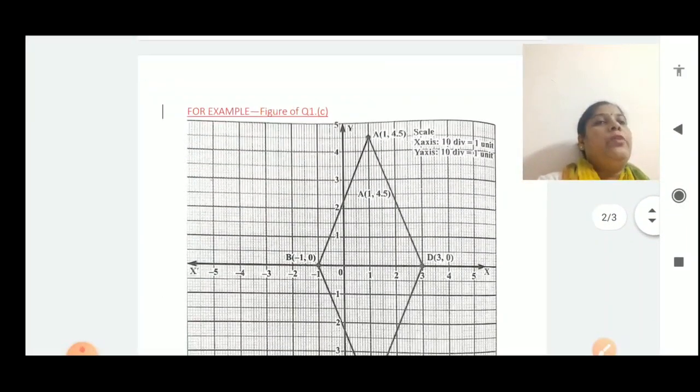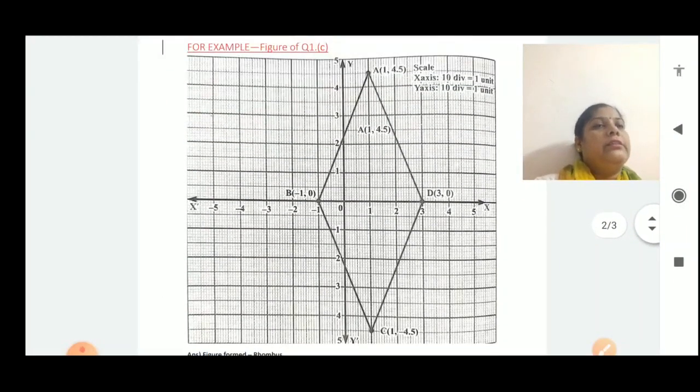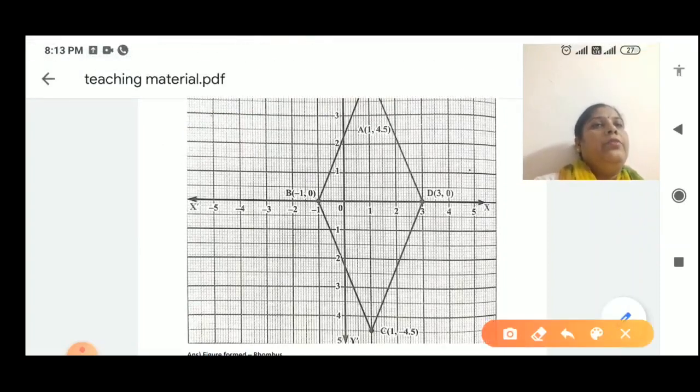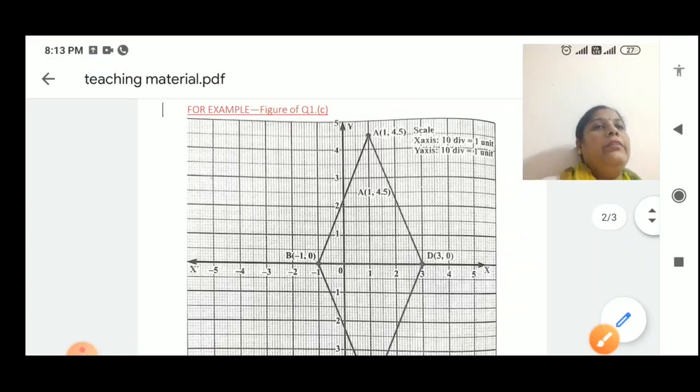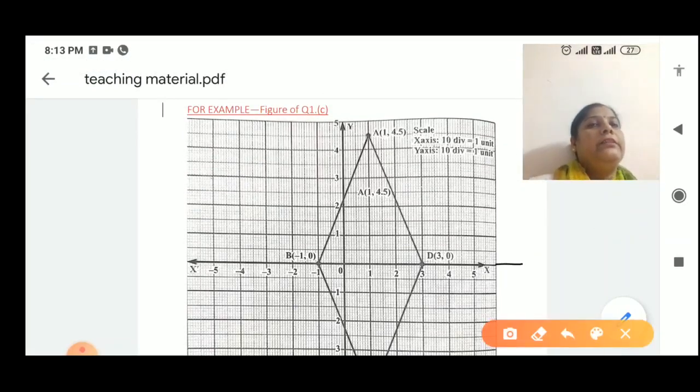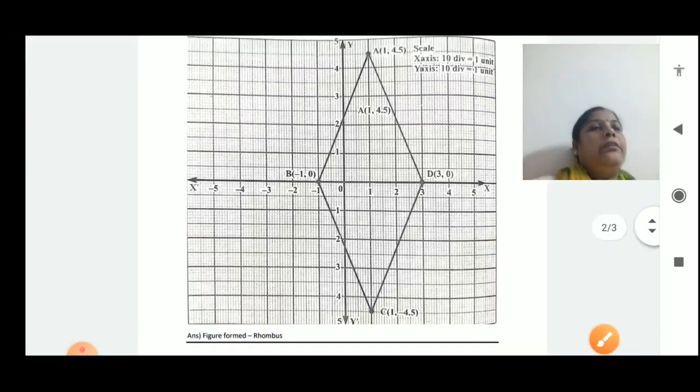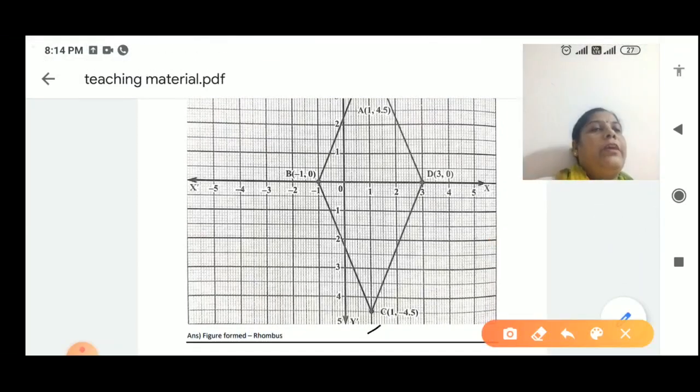First of all you have to draw the axes. Here you will draw the x-axis and y-axis. The horizontal line is the x-axis, here x dash, in between is 0, the origin, the upper side is the y-axis and the lower side y dash, meaning the negative y-axis.